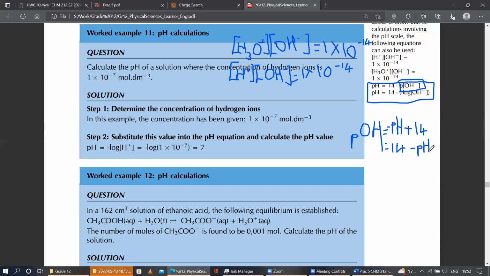So if in a particular reaction they give you the concentration of OH, you can use this formula to find the pH by using the concentration of OH and not the concentration of the proton.